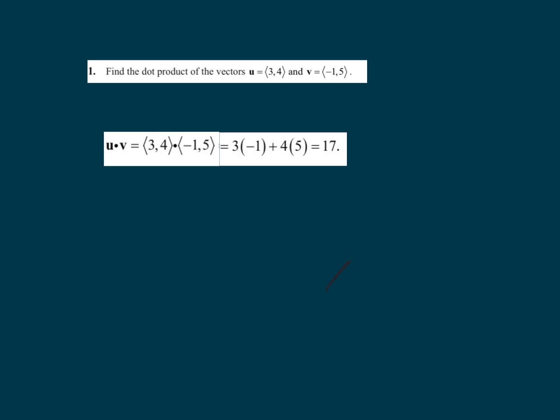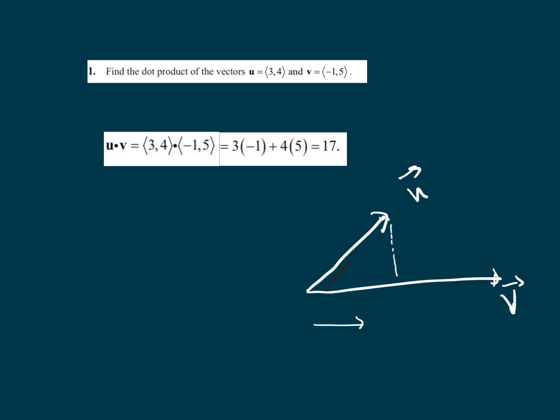So if you have the vectors u and v, the projection of u onto v is in the direction of v. The direction of v is running in this direction. So the dot product is positive when the projection of u is in the direction of v.